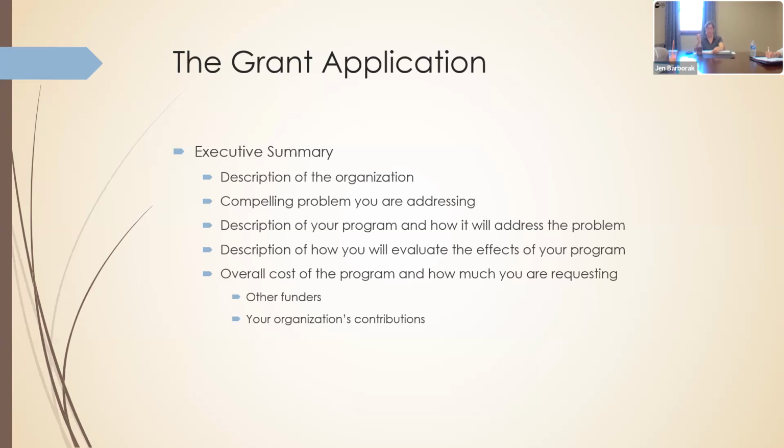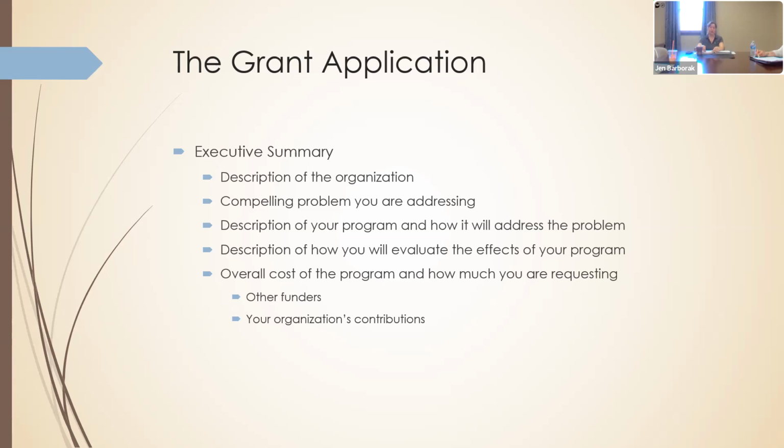Then you're going to want to talk a little bit about the program, explaining how it's going to address the problem. So you need, obviously, problem statement, then what are you going to do? Briefly summarizing your objectives and briefly summarizing the activities that you're going to conduct related to those objectives.